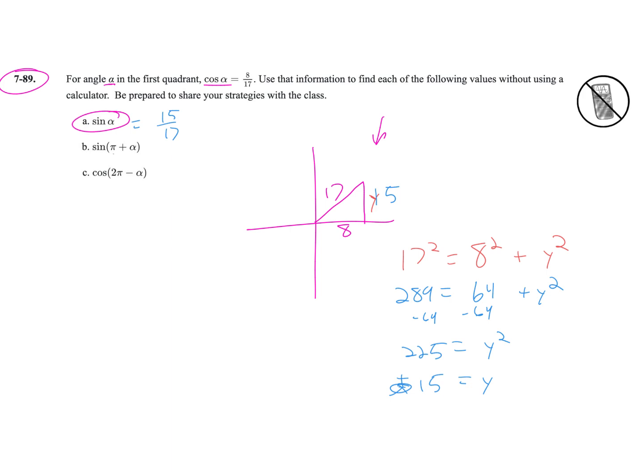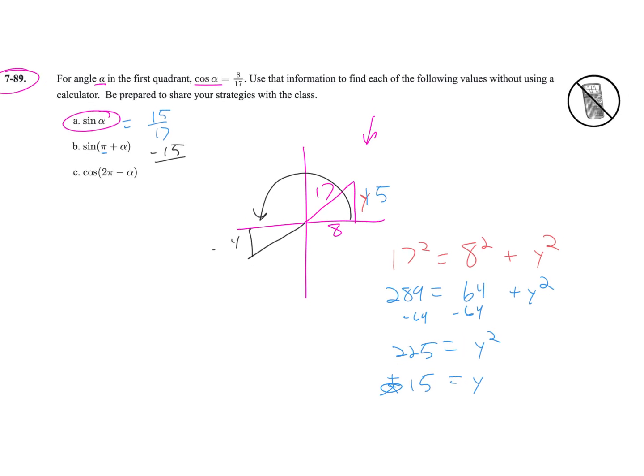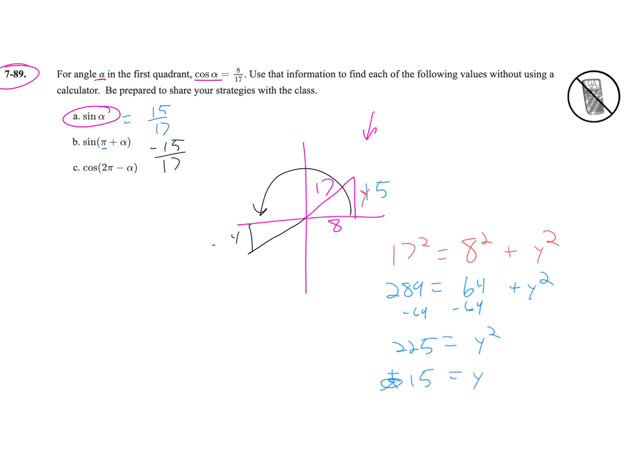Now my second one, pi plus alpha, which I know that alpha is 15 over 17. So all I'm really doing is rotating this triangle 180 degrees. It's going to be the same triangle, just rotated 180 degrees. So guess what? My y value is just going to be negative. Same value, but it's just going to be a negative number.